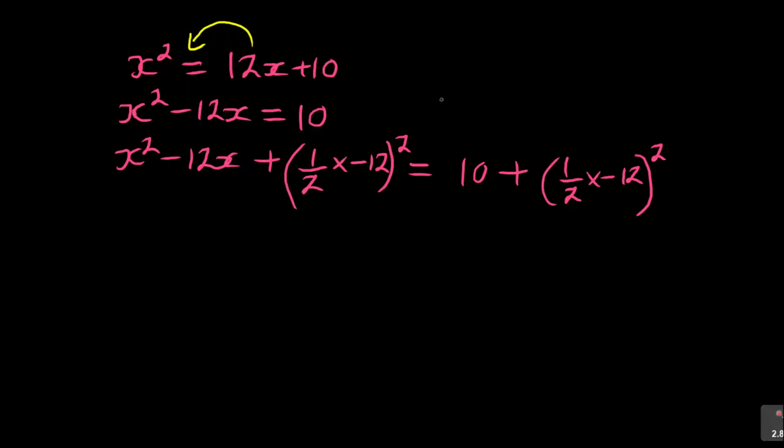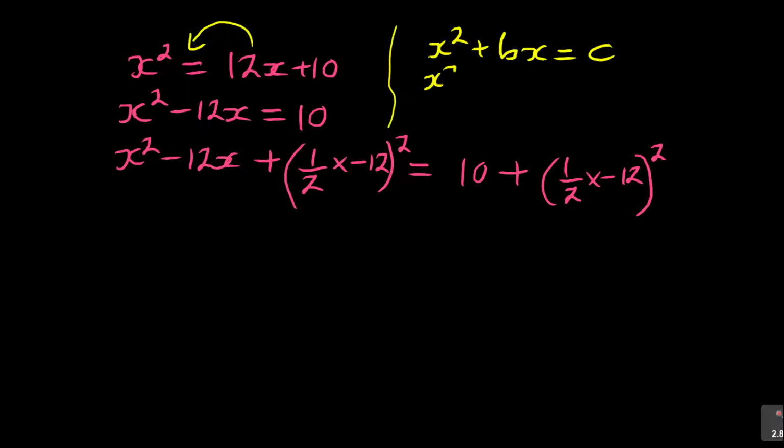When you're completing a square, the method is, let's say you've got x squared plus bx. Let me remove the a part here so that it doesn't confuse. It's x squared plus bx is equal to c. So how do you complete a square?